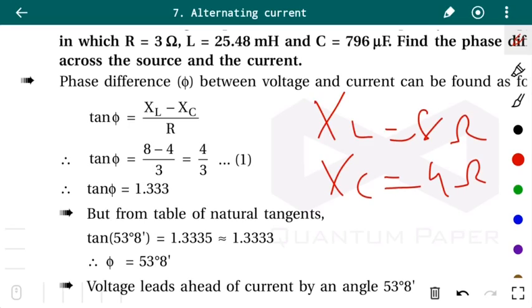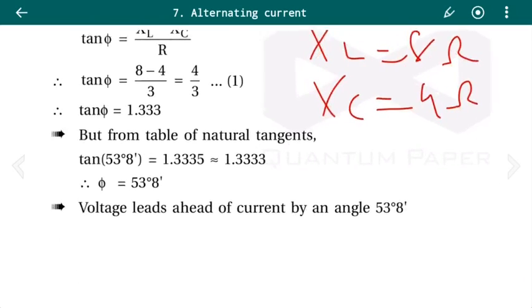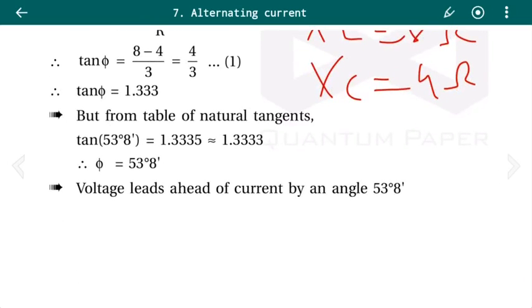Now we can apply XL minus XC upon R, that is 8 minus 4 upon the resistance, which is 3 ohm. We get 4 by 3. So tan phi equals 1.333. Now we can use the natural tangent table to get the value of phi.